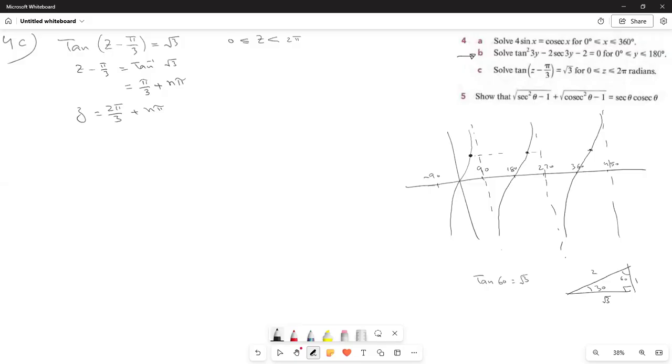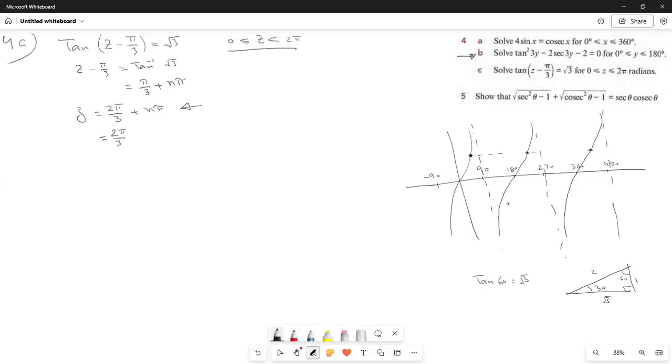Now you see how many of these numbers will be in this range, 0 to 2 pi. When n is 0, my answer is 2 pi by 3, which is 120 degrees. It is within this range.